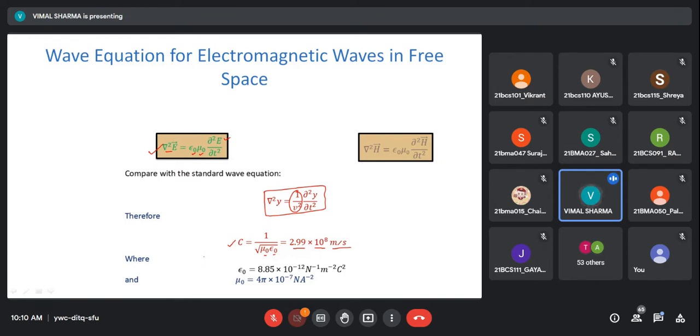So here our conclusion is that whenever electromagnetic waves travel through free space, through vacuum, they travel with this speed. From these wave equations you can prove a number of things: that E and B fields are perpendicular to each other, there is no phase difference between E and B, and how their magnitudes or amplitudes are related.